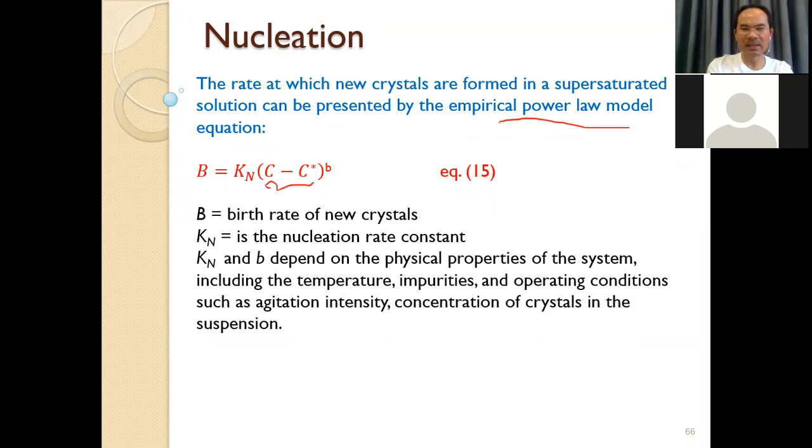Kn and b are physical properties of the system and may be obtained from experimental data. It also depends on temperature, impurity, and operating conditions, mainly the intensity of agitation and the concentration of crystal in suspension.